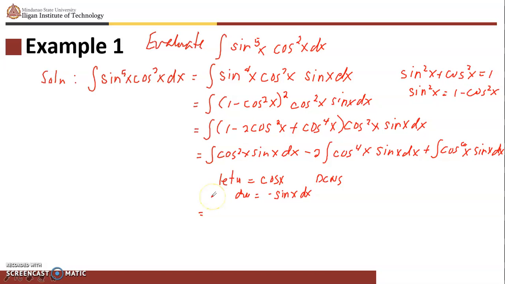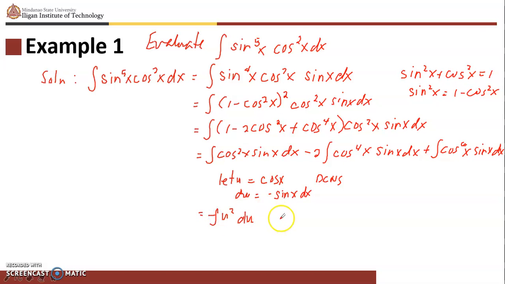Our u is cosine x, so that's u to the second power, then we have du, sine x. But because we have a minus sine x, that should give us negative.